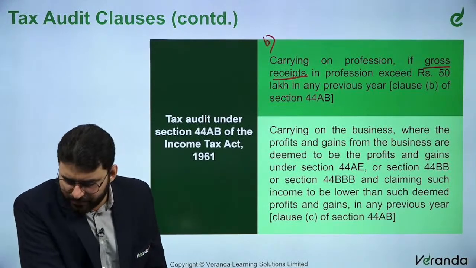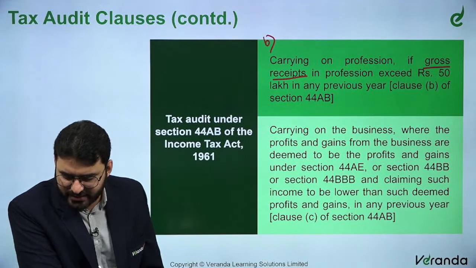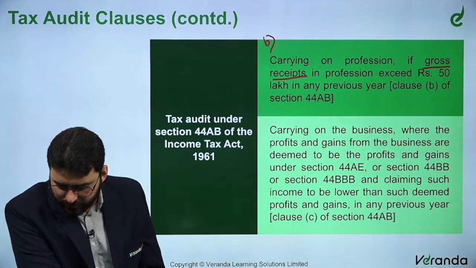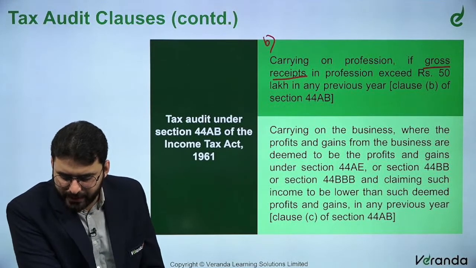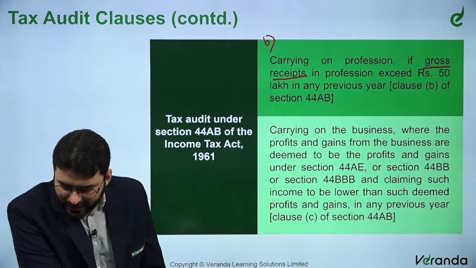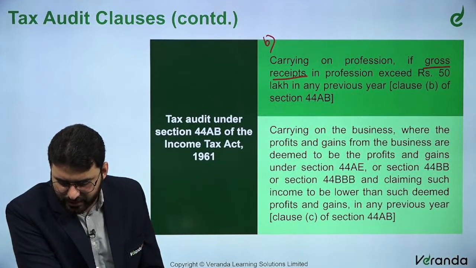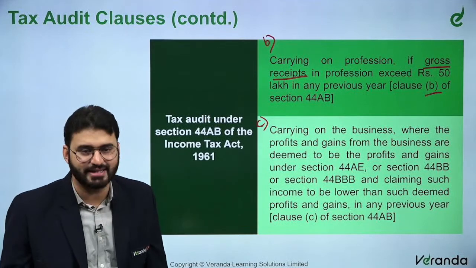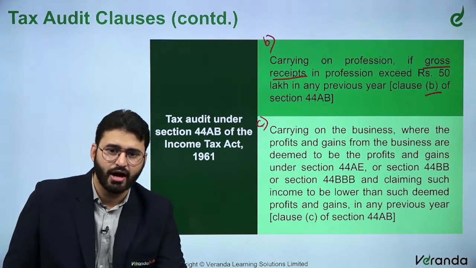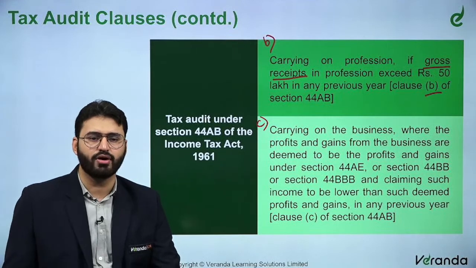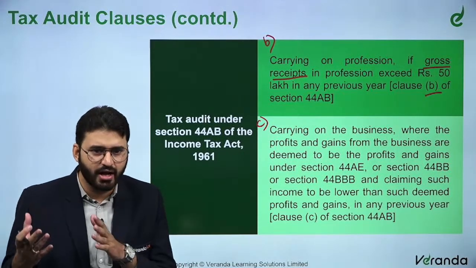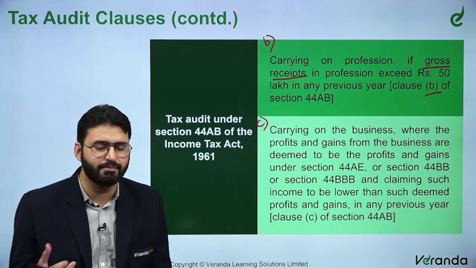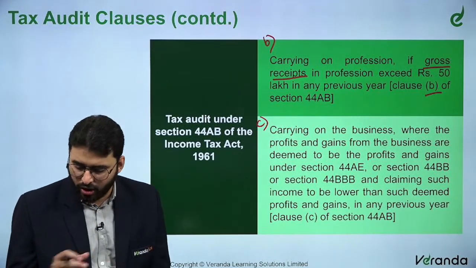Right? Carrying on the business where the profits and gains from the business are deemed to be the profits and gains under section 44AE or section 44BB or section 44BBB, and claiming such income to be lower than such deemed profit and gains in any previous year, is clause C of section 44AB. This is clause B. Now this is on presumptive taxation, 44AB clause C. 44AE, 44BB, 44BBB are for special assessees, those in the business of plying and hiring lorries, all those guys.